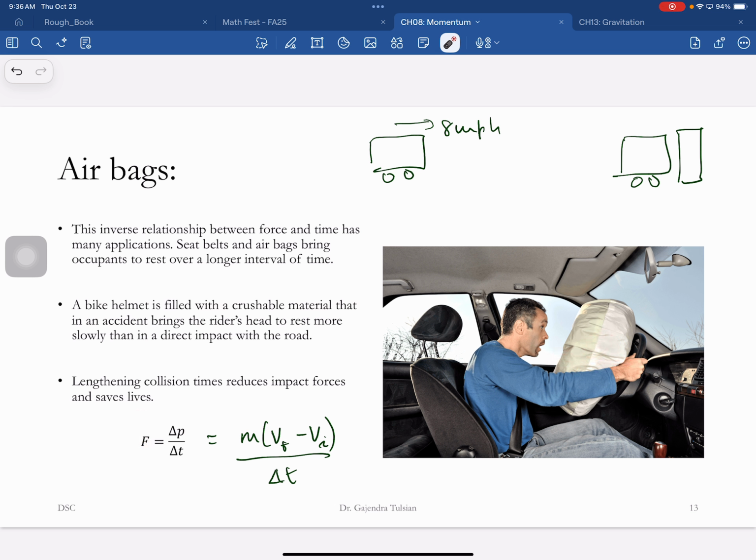Did you guys understand that? That's the job of a seat belt and an airbag, to increase your stopping time. Here's another thing the airbag does. Let's say I'm pushing with my thumb with a force of 15 pounds on my palm. Does that hurt?